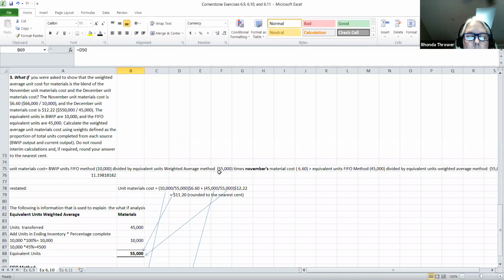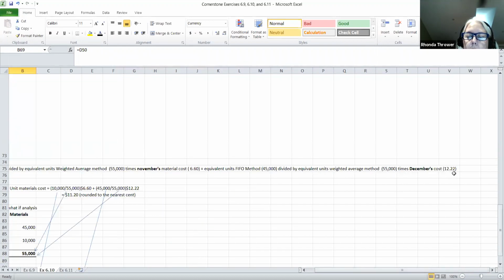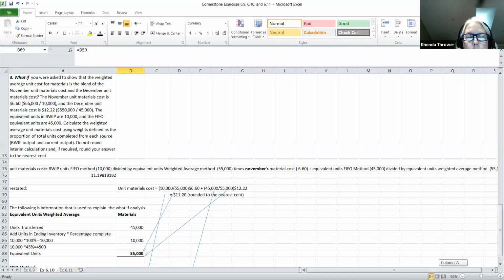That's what we found previously, times the November's material cost that they gave to us, plus the equivalent units for the FIFO method, which were 45,000 that was given, divided by the equivalent units for the weighted average method, which are 55,000, times December's cost, which was given. And I know that's kind of a long formula, but that spells it out for you as good as I could possibly get it for you.